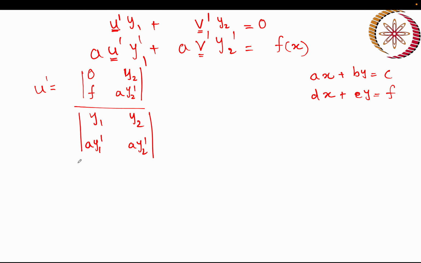Okay, so we can write it as 0 and f, y2 a. So what we'll get is 0 and y2 f, and in the denominator we'll take a as common. I think a should have gone.